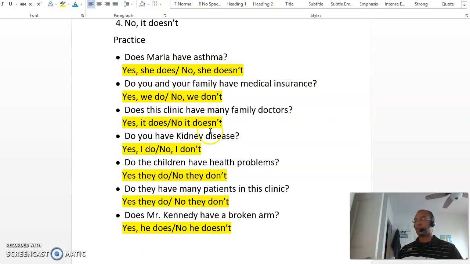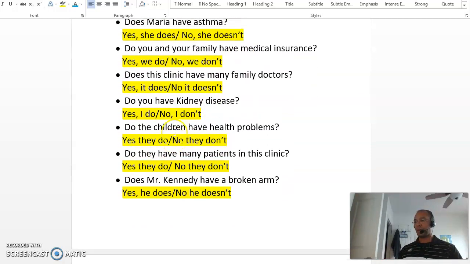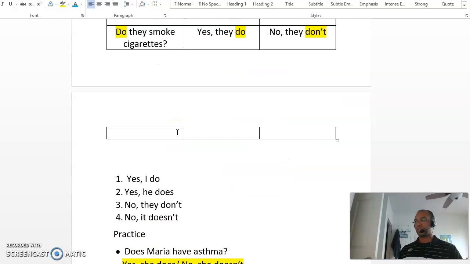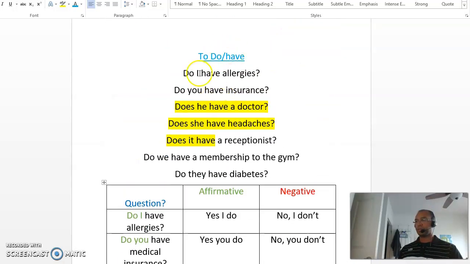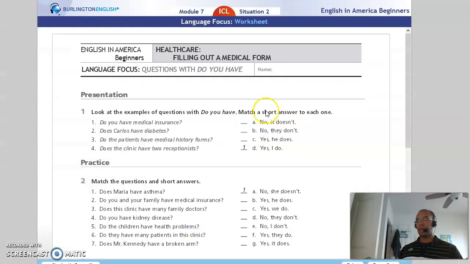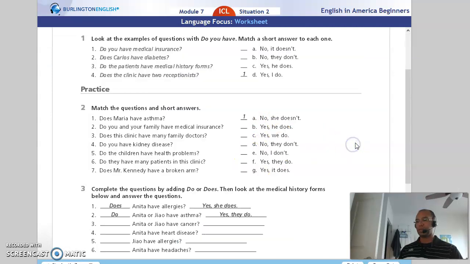So those are the things that you have to remember about the verb to do. Notice this is the most important part. Does he have? Does she have? Does it have?